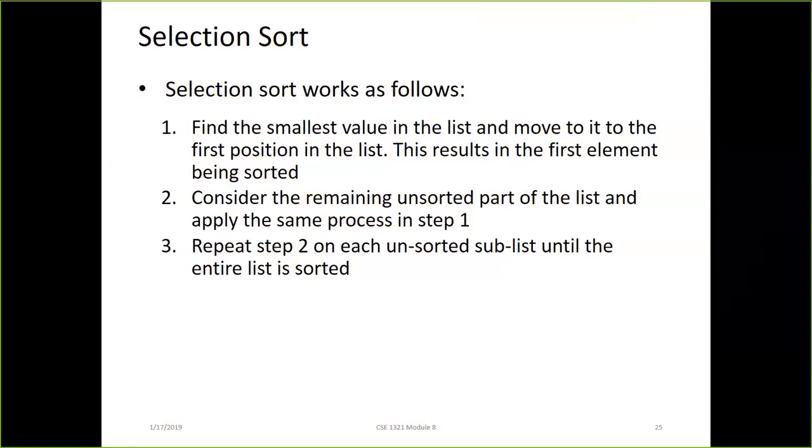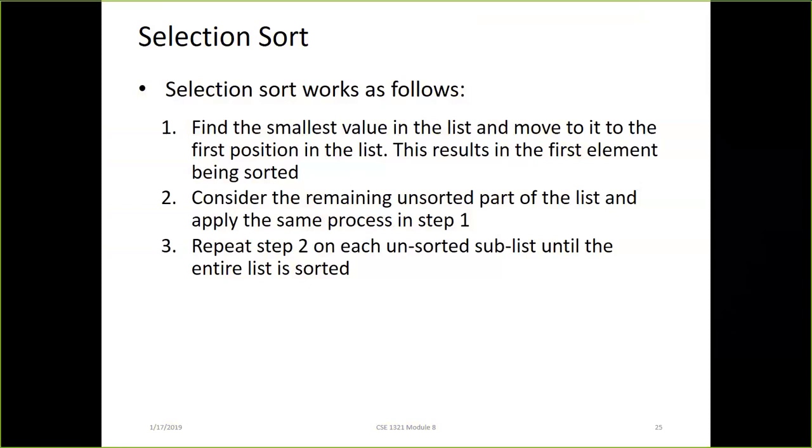Then you will have one element sorted. Then you continue this process. In the next iteration you look for the second smallest value, that is, just larger than the smallest one.